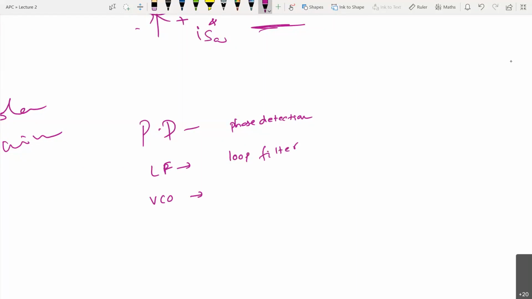What is this VCO? It is the voltage controlled oscillator.